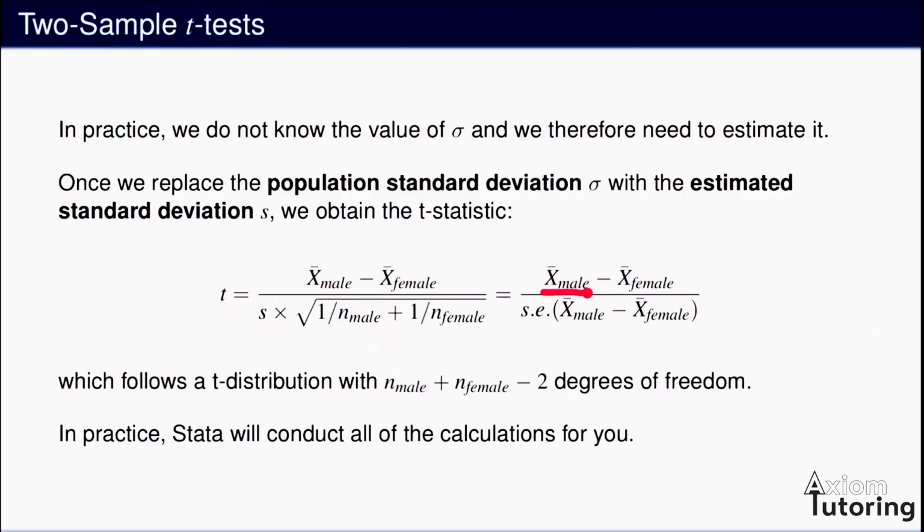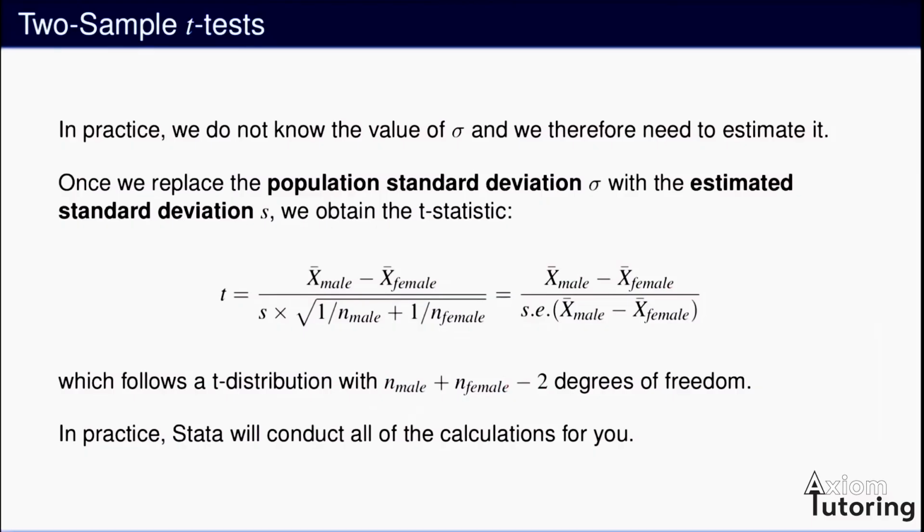So it's just x bar male minus x bar female divided by the standard error of the difference between x bar male and x bar female. This t statistic follows a t distribution with degrees of freedom equal to n male plus n female minus 2. This is just your total sample size minus 2, because now we estimated 2 statistics: x bar for males and x bar for females.